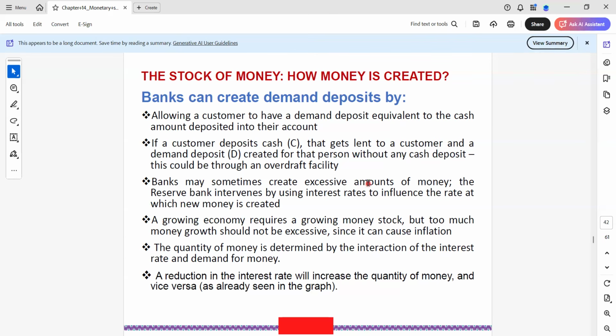So what they would do is use their interest rate, which in this case is the repo rate, the interest rate which is charged to the commercial banks. They will increase the repo rate. If they increase the repo rate, banks will also increase the interest rate for us.